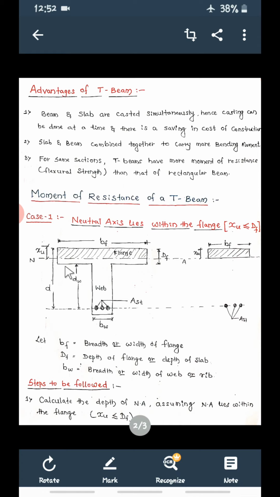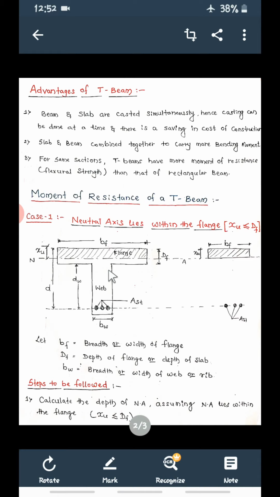Flange means this portion. This is the flange. Whatever you are seeing, this slab is nothing but the flange. So what is the first case? We assume that the neutral axis lies within the flange. Now see, in the diagram, this is the flange, or the slab, and this is the beam.